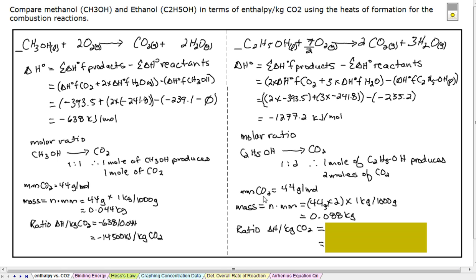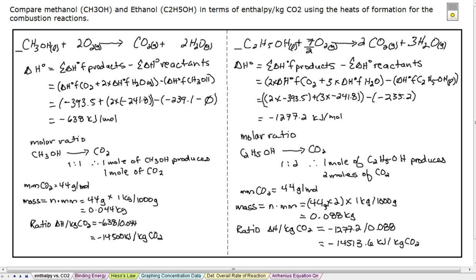In this case, it would be 44 grams times 2. Then again, I would convert that to kilograms. So I get 0.088 kilograms of CO2 produced if I burn 1 mole of my fuel, ethanol.